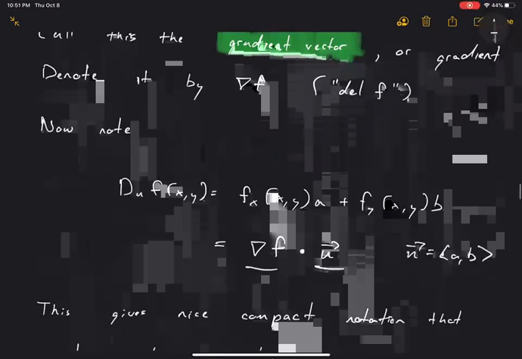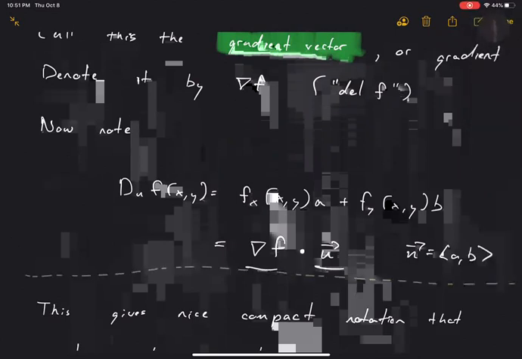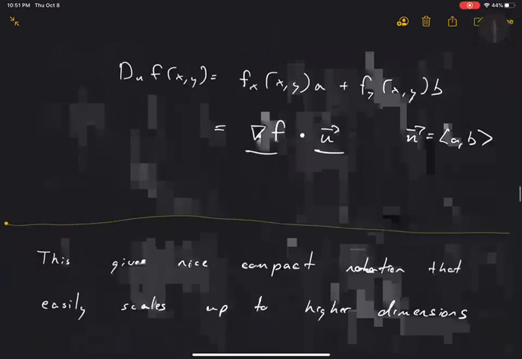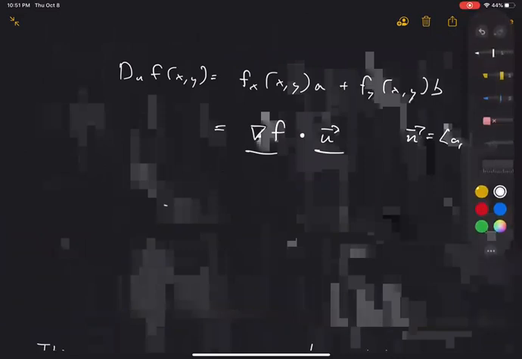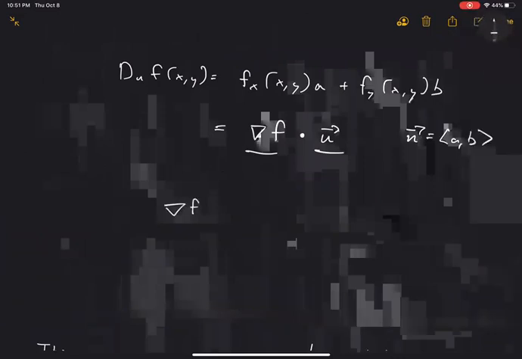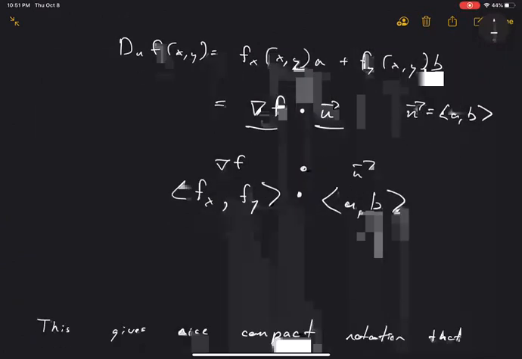And if you want to reassure yourself of this, write it out. What is del f? Del f is equal to (f sub x, f sub y), all right? And then I'm doing the dot product with u. Let's keep track of everything. Well, what is that?